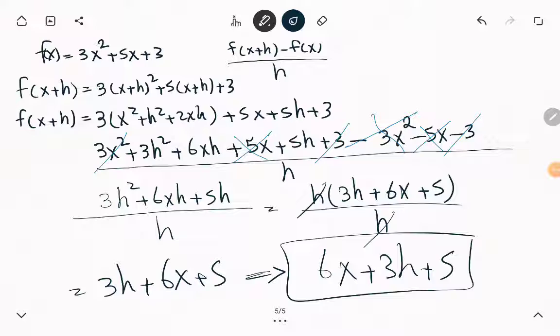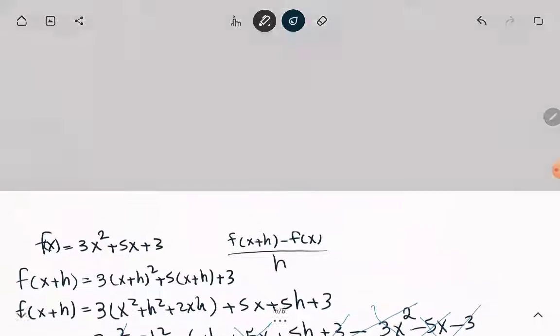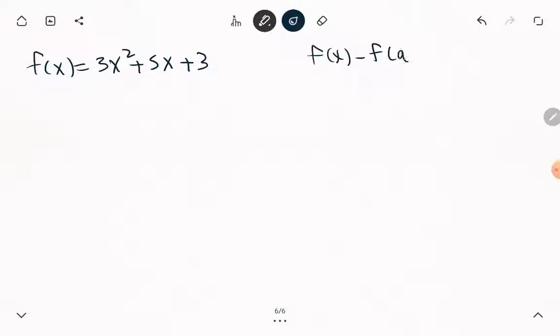Now let me go to another page and write our original function f of x, 3x to the power of 2 plus 5x plus 3. Now we want to simplify a different difference quotient, which is f of x minus f of a all over x minus a. So again, this is my f of x. What is my f of a? My f of a is just simply substitute x wherever you see x with a.